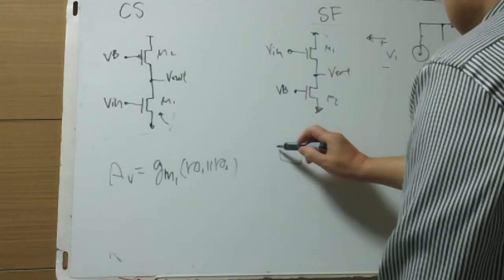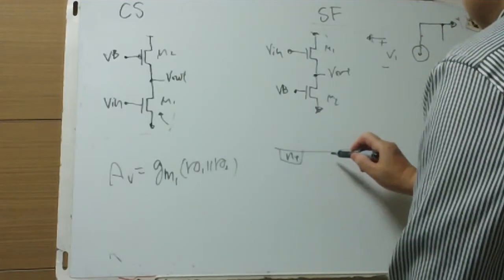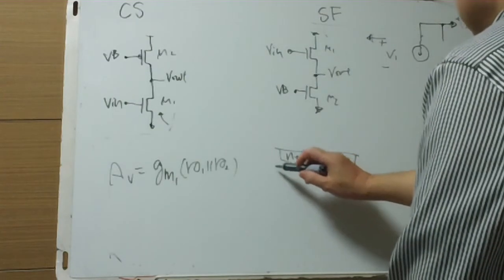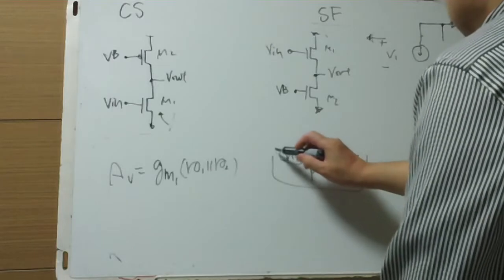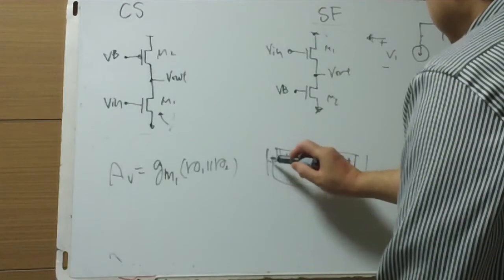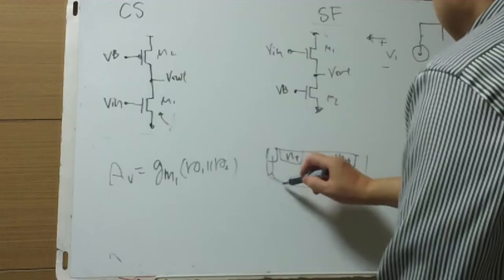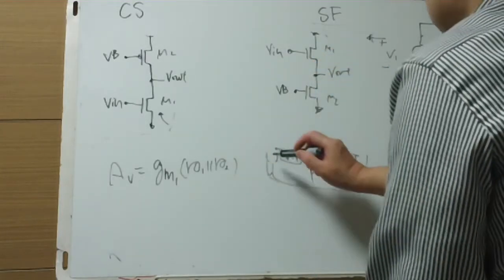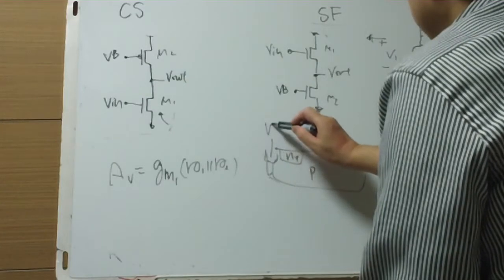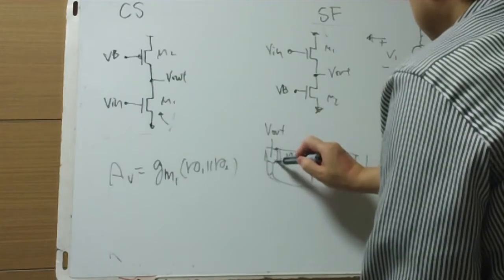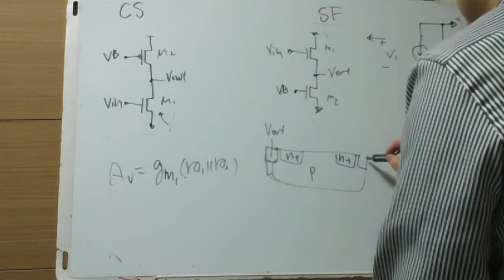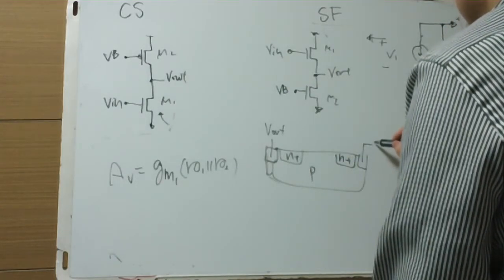Back gate means, for an N channel, the N plus source and drain sit on a P substrate or P well, and this node is usually grounded. But this M1 source node is Vout, floating, not VSS, and the drain voltage is VDD.